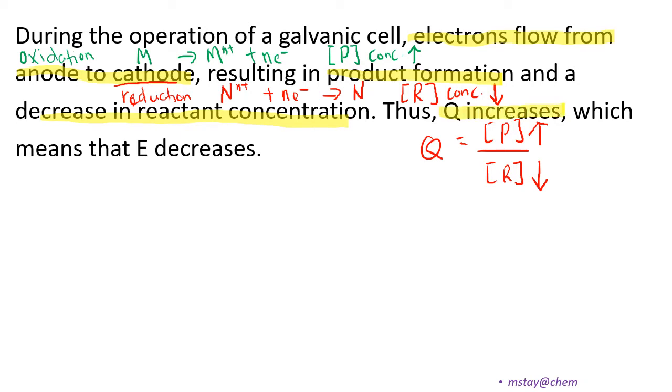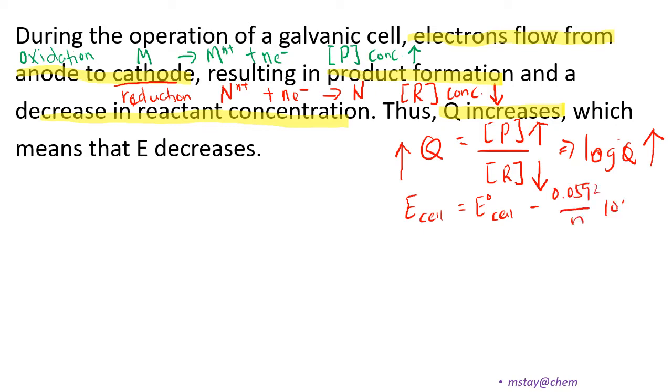When the Q value increases, log Q also increases. Comparing with the Nernst equation, E cell equals E naught cell minus 0.0592 over n log Q. When the log Q value is increased, this whole term also increases.